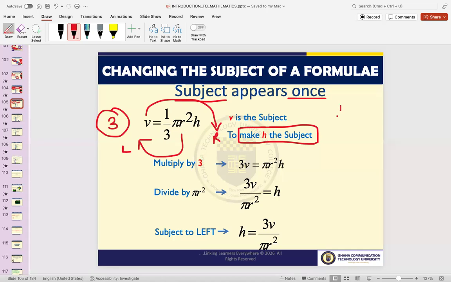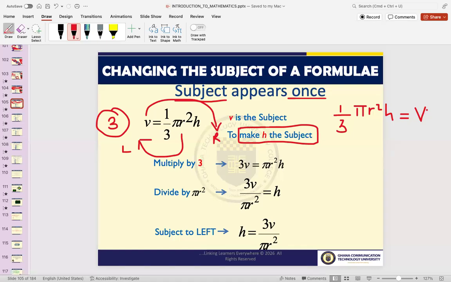We have 1/3 pi r squared h is equal to the letter V. So that is the swap. Our right has now become our left, and our left has now become our right.